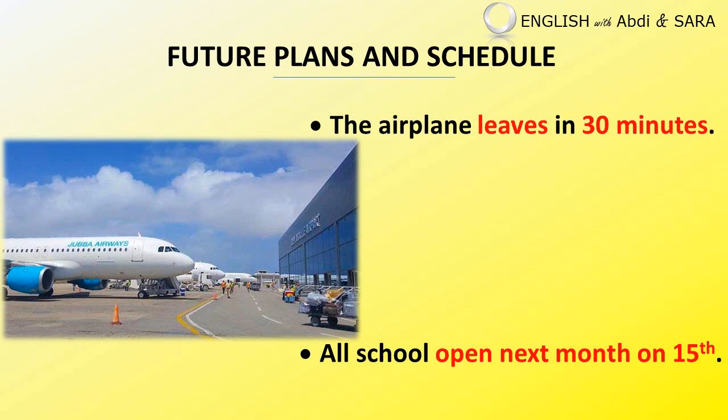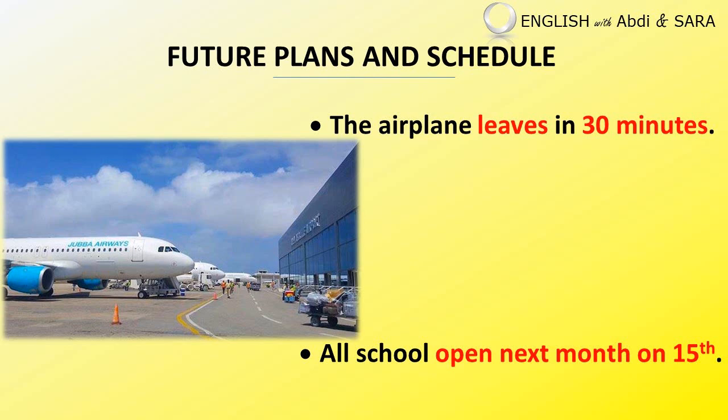Another example. Currently, all the schools are closed, but the government is planning to reopen schools on the 15th of next month. Therefore, in English, you could say, all schools open next month on 15th.